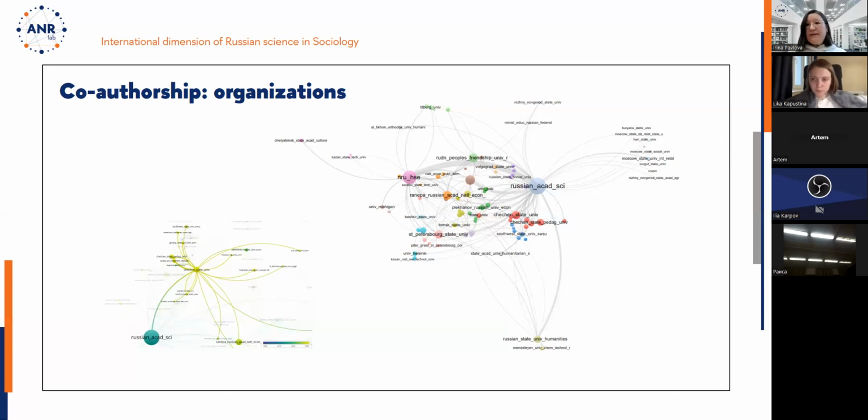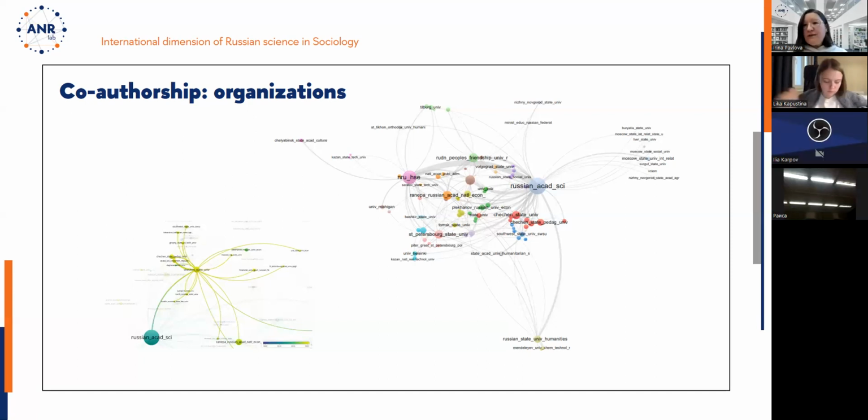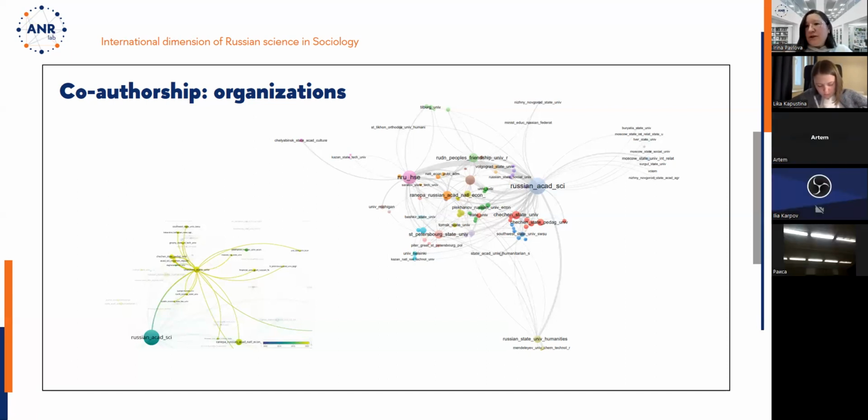So those rising stars, organizations which may produce publications, or they may be quite well inscribed into collaboration with other institutions. So this is an interesting question: what to do in the first place, to publish more or to publish well in collaboration with other organizations?